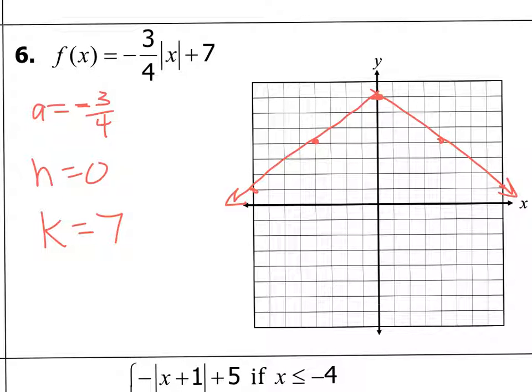And so we can tell that we've kind of flattened it out. It's gotten fatter, wider, if you will, than if we had had a -1 for our A. So if we had had a -1, we would have been traveling along like that and here. That would have been that. So again, we've flattened it or made it wider because we have an A that has a value less than 1.